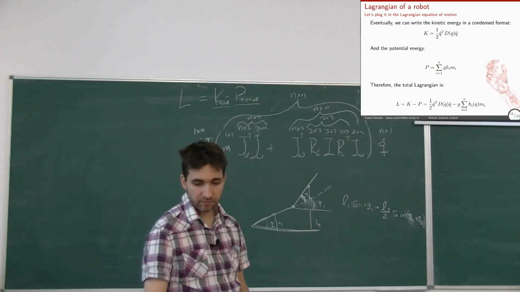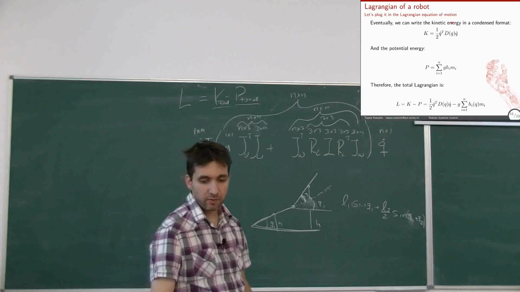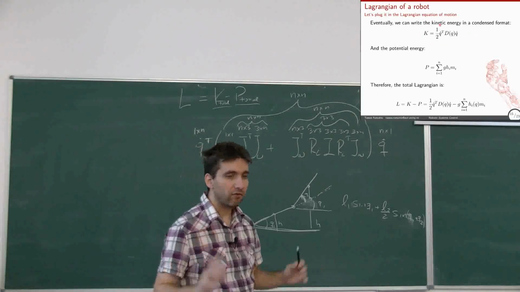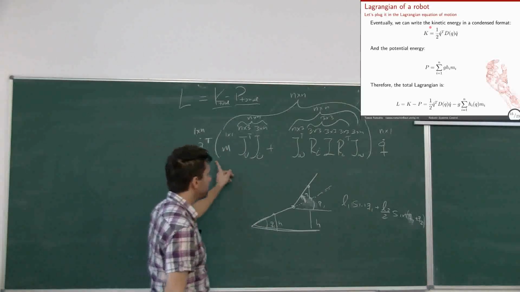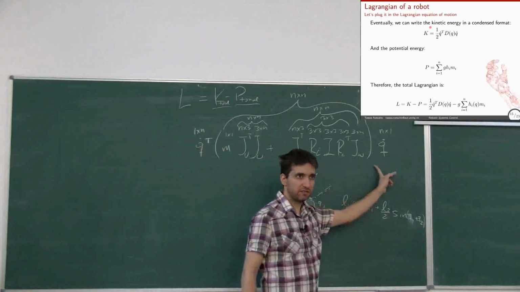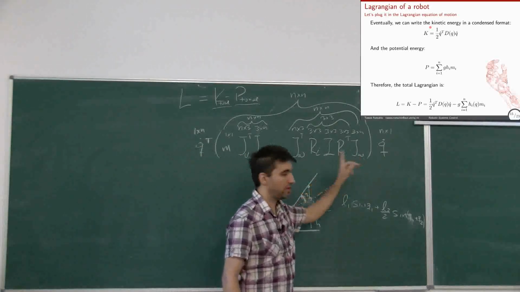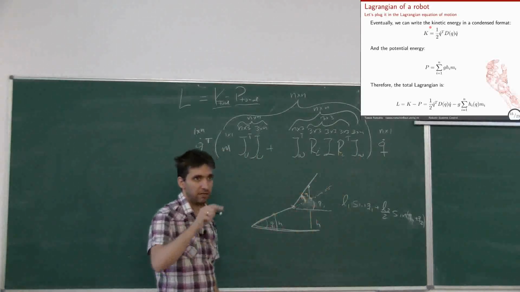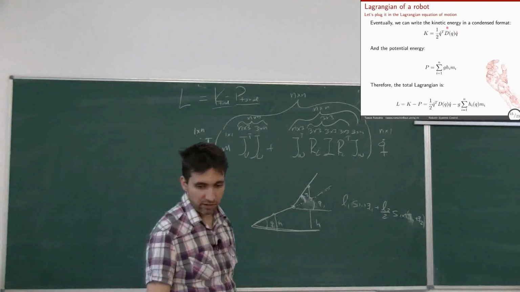Now we will do some, again, tricks and some tidying up. First of all, just focus on the top part. The kinetic energy we can write in a much more clean format, like this. So instead of having to write all the time all these things, we'll just use this and write it as matrix D. What are the dimensions of D?